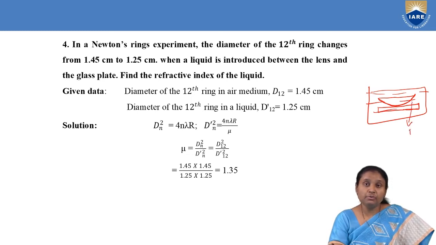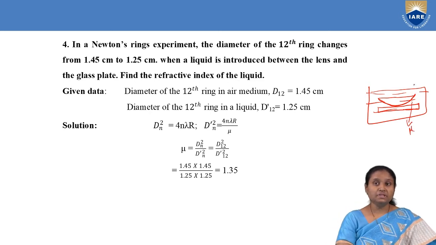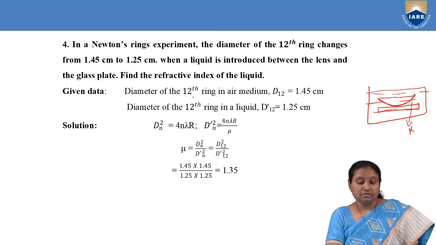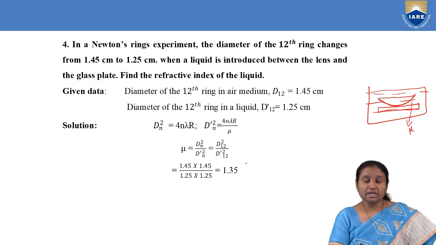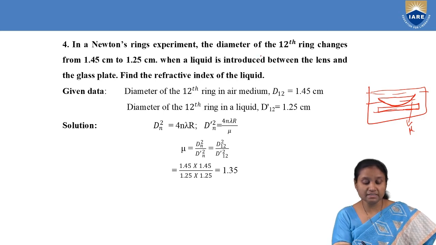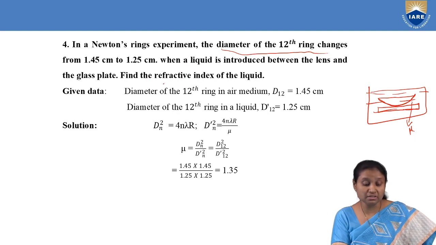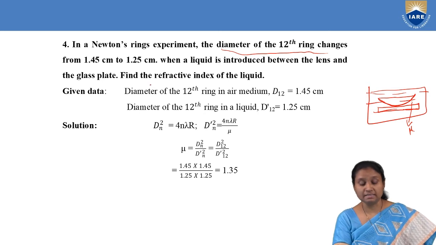Let us suppose that μ is the refractive index of the liquid film. First, suppose we have air and didn't keep it in liquid. Here the data is given that the diameter of the 12th ring changes from 1.45 centimeter to 1.25 centimeter when liquid is introduced between the lens and glass plate.